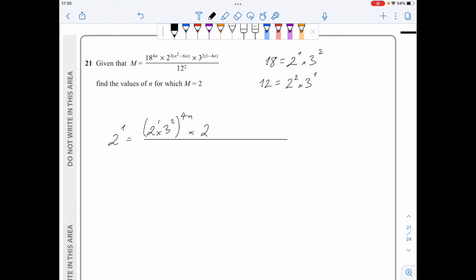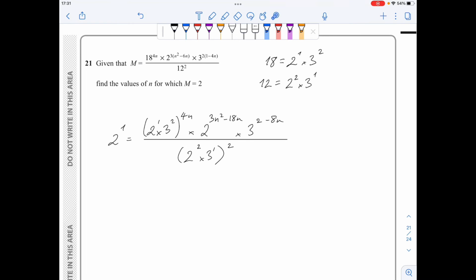2 to the power of 3n squared minus 18n times 3, and I will also expand this bracket, so I get 2 minus 8n, and in the denominator I have 2 squared times 3 to the 1 all to the power of 2.